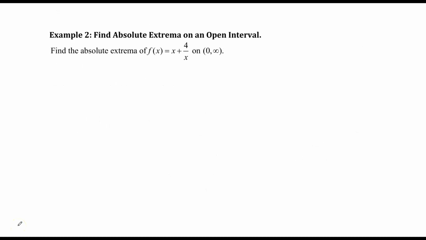To illustrate, we consider the example here to find the absolute extrema of this function on the open interval 0 to positive infinity. As a first step, we will find the critical number for the function by differentiating f of x with respect to x. Before we differentiate, we will first rewrite f of x as x plus 4 over x.